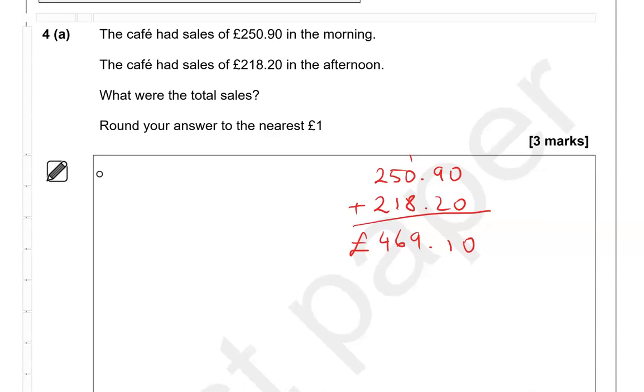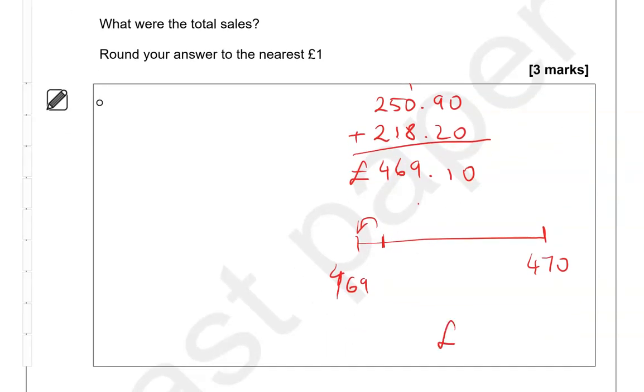So the answer will be either 469 or 470. And £469 and 10 pence is very close to £469. So that will be the answer. £469.